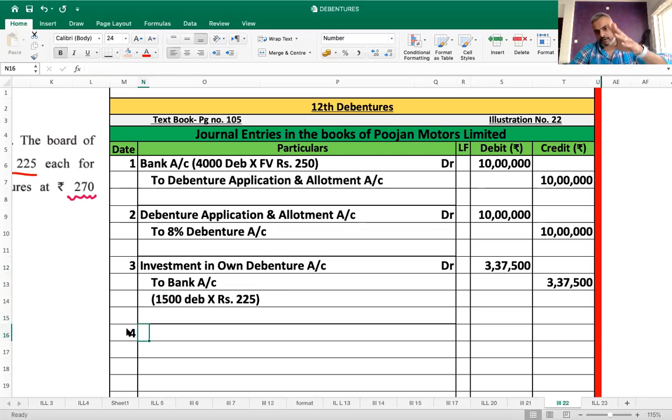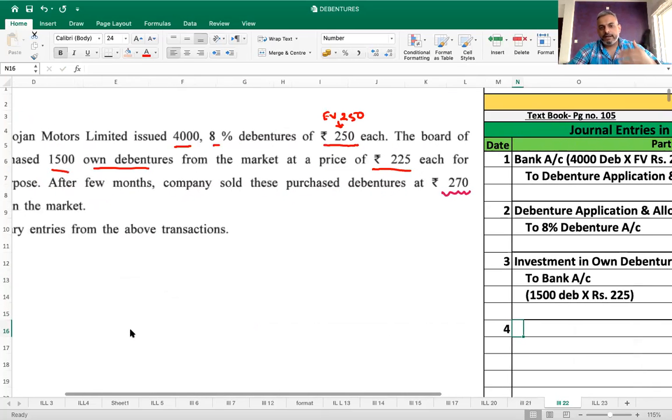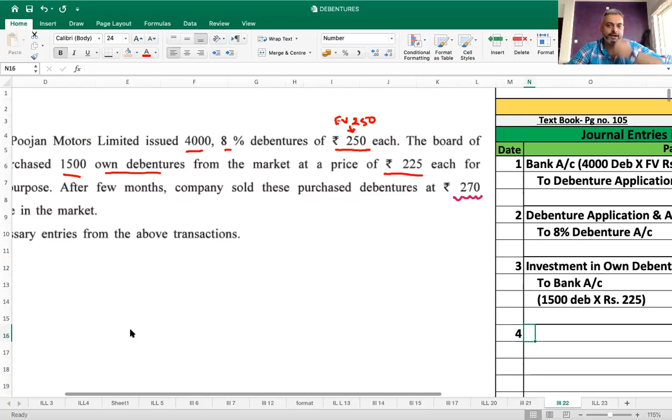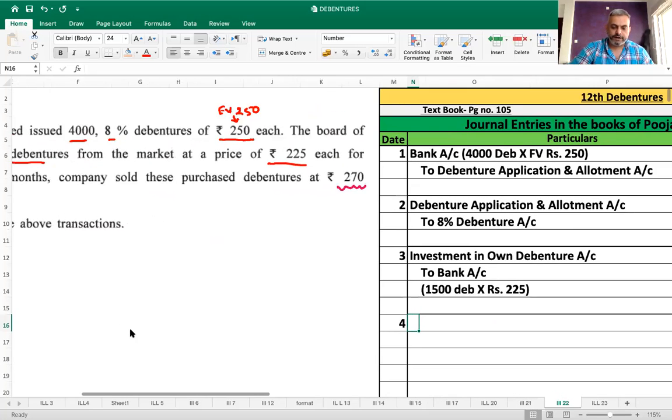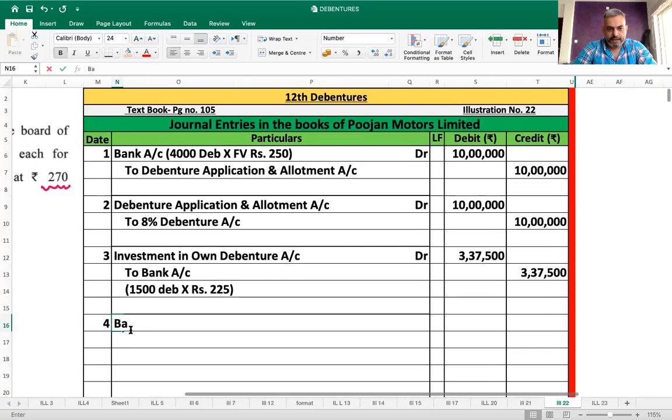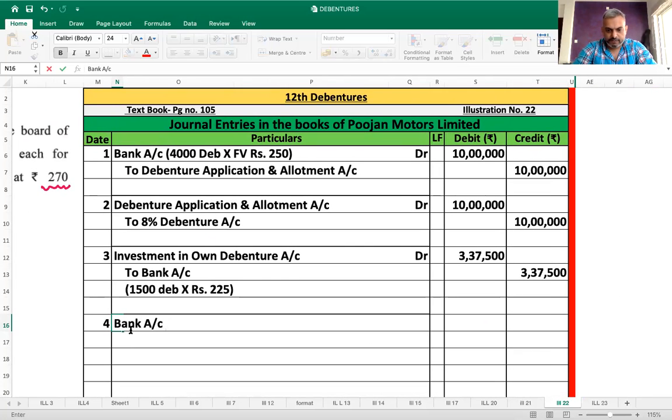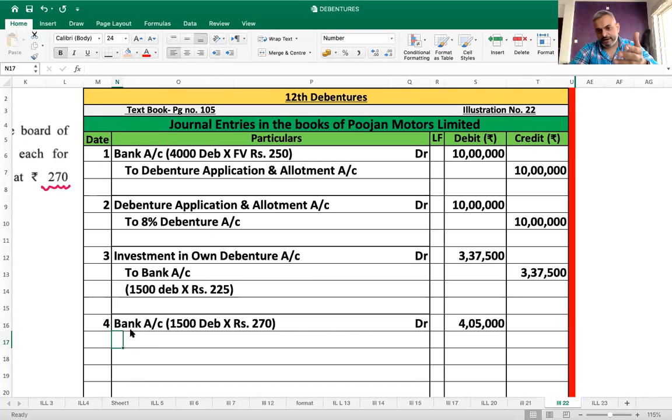Now what happened? We kept the investment for some time. We waited for the market to move up, and now we are getting a price of 270. So we decided to sell them off and take the profit. So now bank account debit. Dhyan dena please. We are selling 1500 debentures at a rate of rupees 270. So 4,05,000. 3,37,500 we invested.